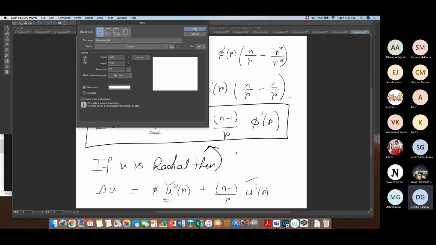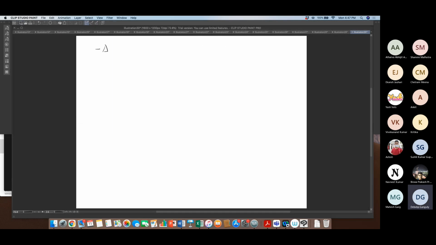So what this equation now is: minus Laplacian of u equal to f on B_R, and u equal to g on del B_R.